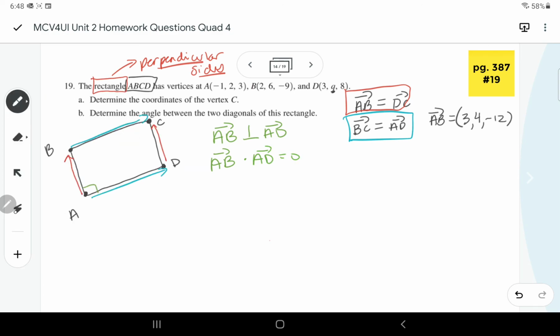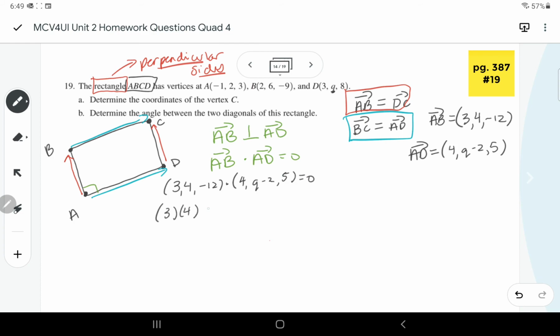So now I'm going to find vector AD. Remember the end minus the start. So 3 minus negative 1 is 4, q minus 2, I don't know what that is, and 8 minus 3 is 5. So now I know that those two vectors dot producted with each other are going to equal 0. I can solve for q. So here I've got <3, 4, -12> dot <4, q-2, 5> equals 0.